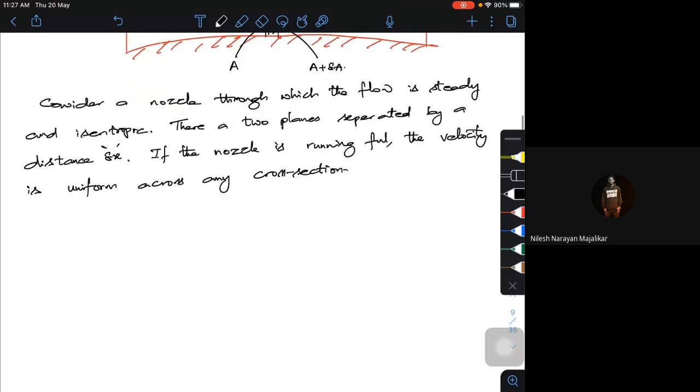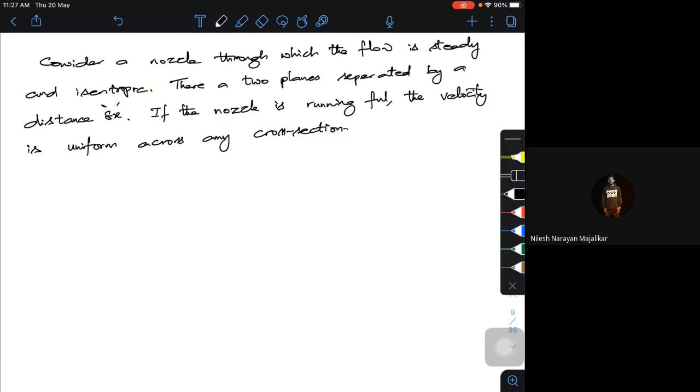Now let's use the continuity equation. The mass flow rate, m dot, is equal to A into V divided by small v, where A is the cross-sectional area, V is the velocity, and small v is the specific volume.